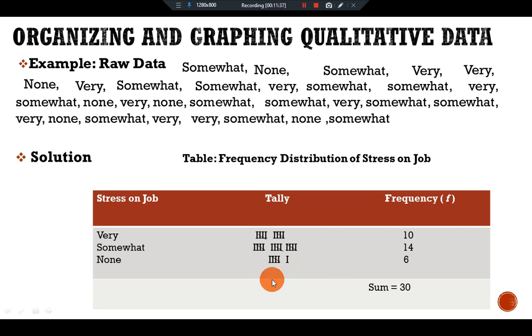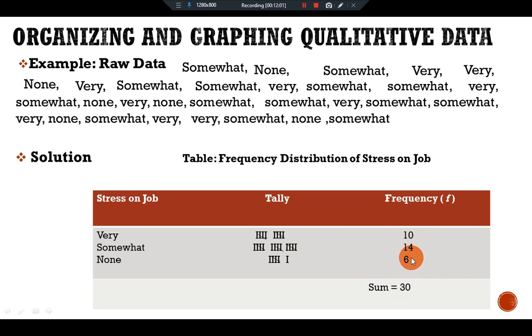So in the first class we have frequency 10, in the second category we have frequency 14, and in the third class we have 6, and the total is 30.